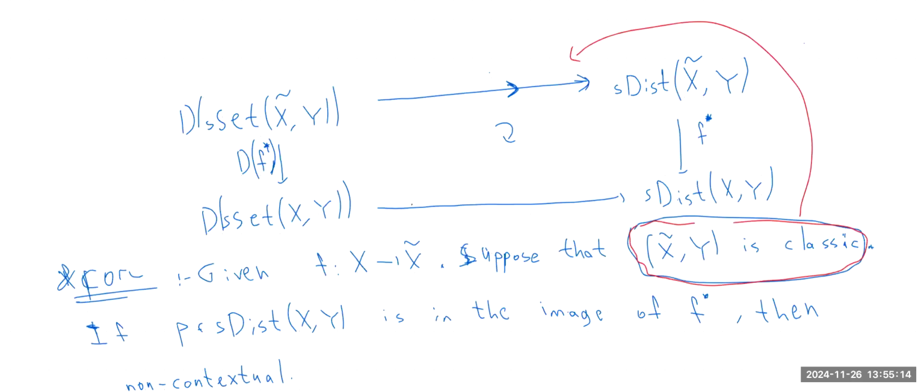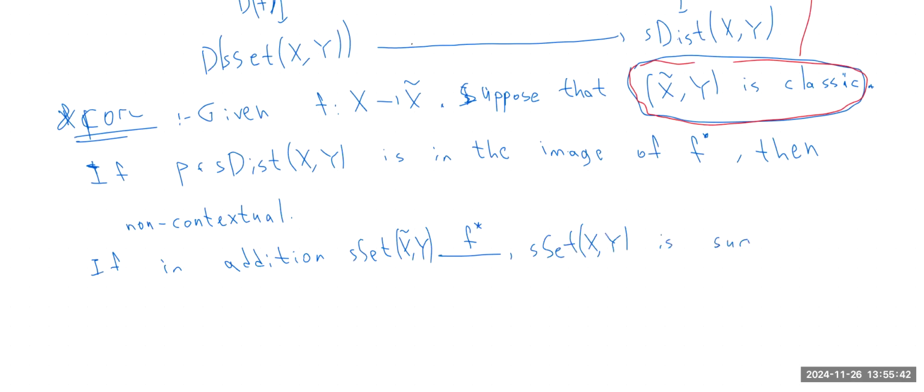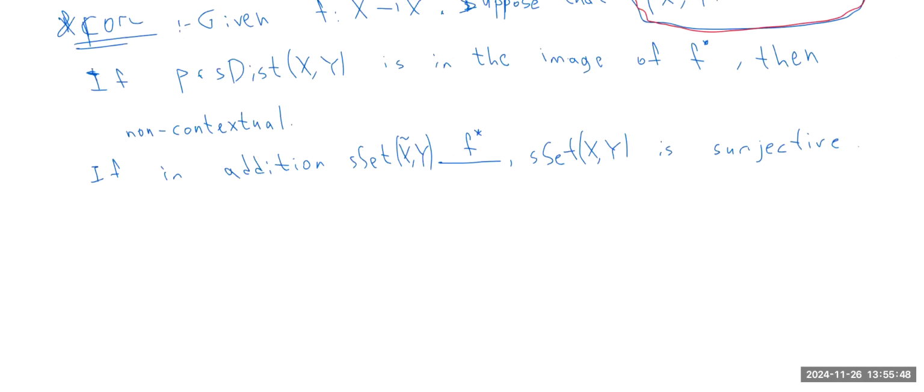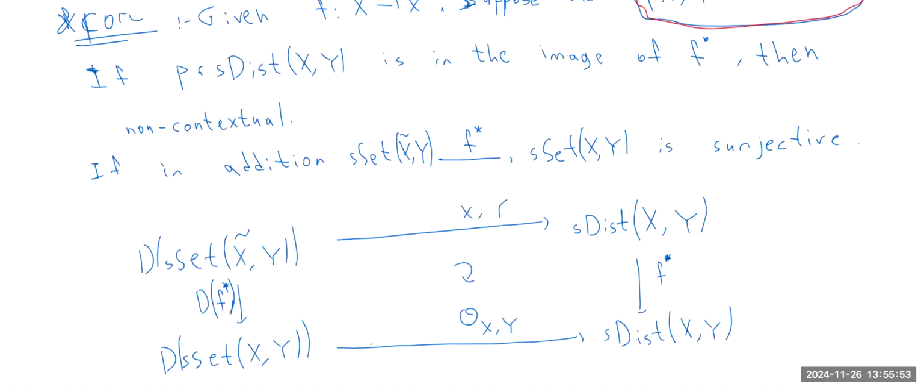So if in addition, f star from simplicial set X, Y is surjective, what is the case? Again, maybe I can write it here, in the case that both are surjective now.